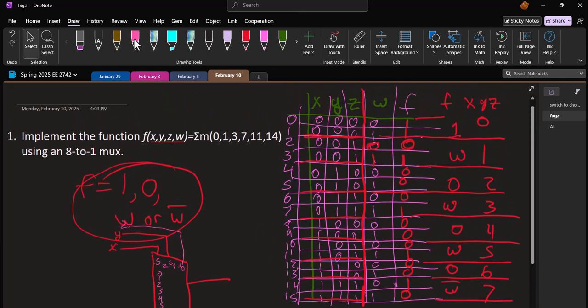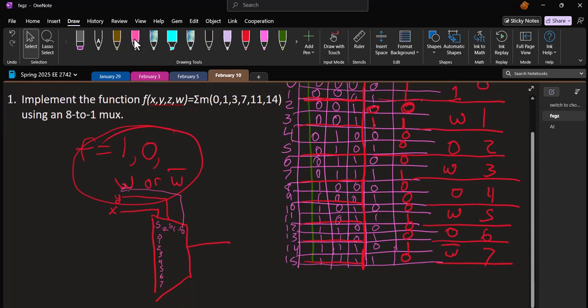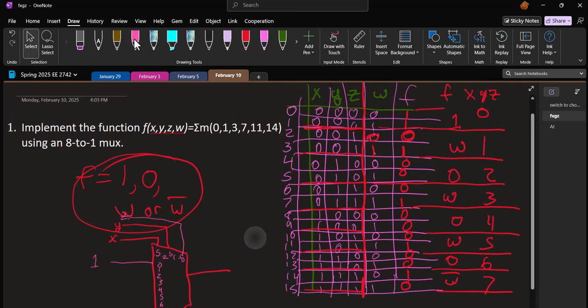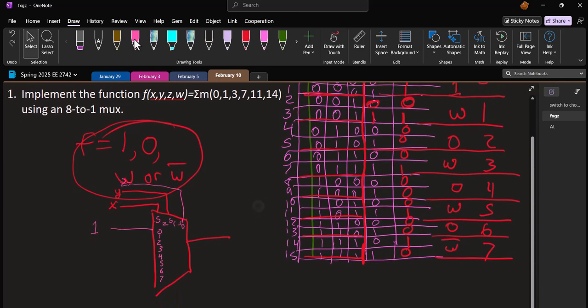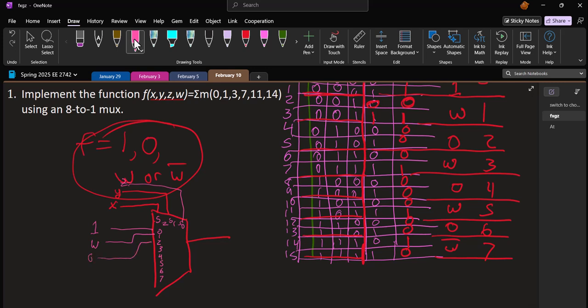Input 0 is 1. So I'll have a 1. That's just high voltage. 1 is W. 2 is 0, and that's just ground. 3 is also W. 4 is 0. 5 is W. 6 is 0.